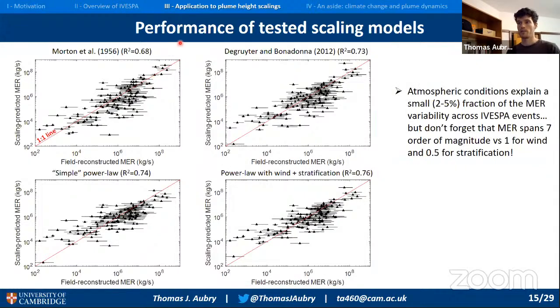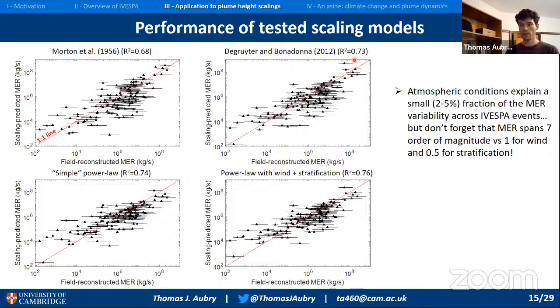And then if you look at the value of the coefficient of determination here, so how much variability is explained in the data, you can see that the Morton et al. scaling has the lowest R-square value, and the empirical power law fit with wind and stratification has the highest value. And if you take time to look at the graph, you will see that indeed there is more scatter in this top left graph than bottom right.